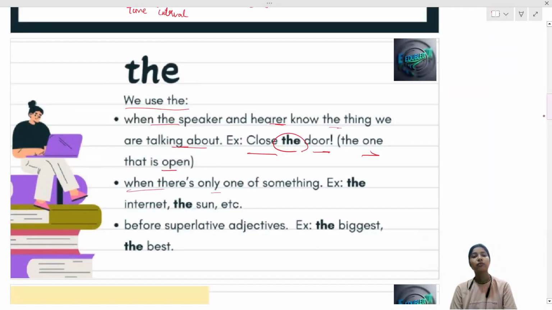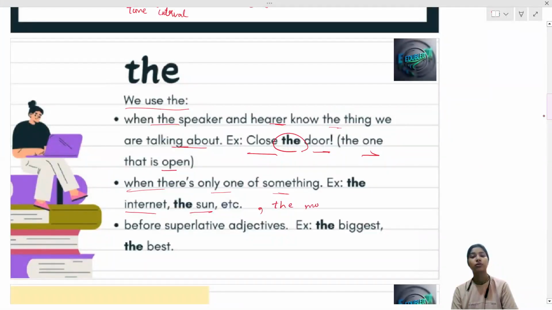We also use the when there is only one of something, not even rare, but only one. There can't be another just like that. Just like the internet, the sun, any holy river or any holy book. The sun is only one.